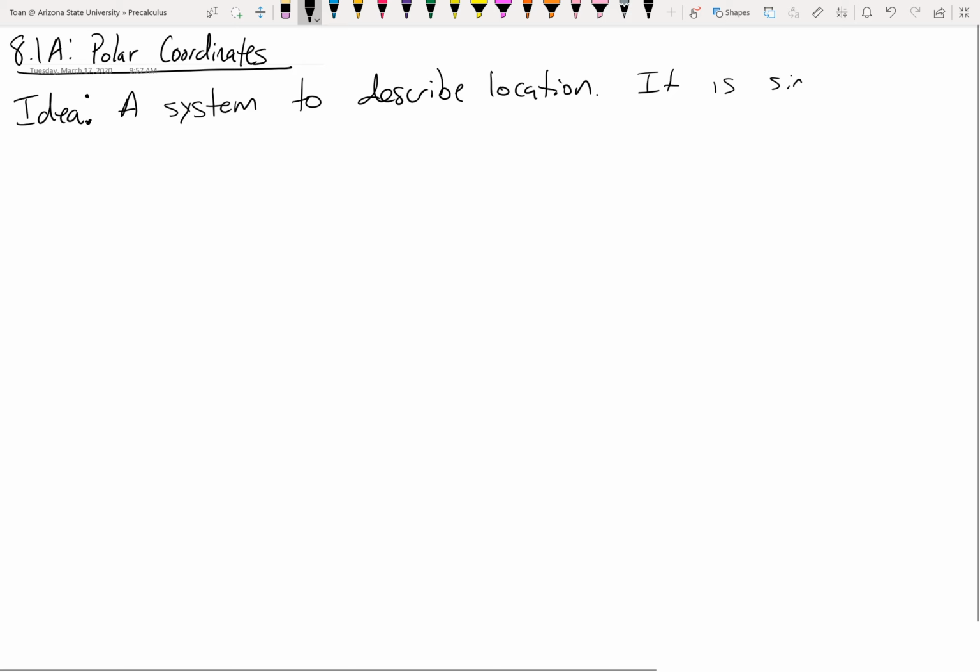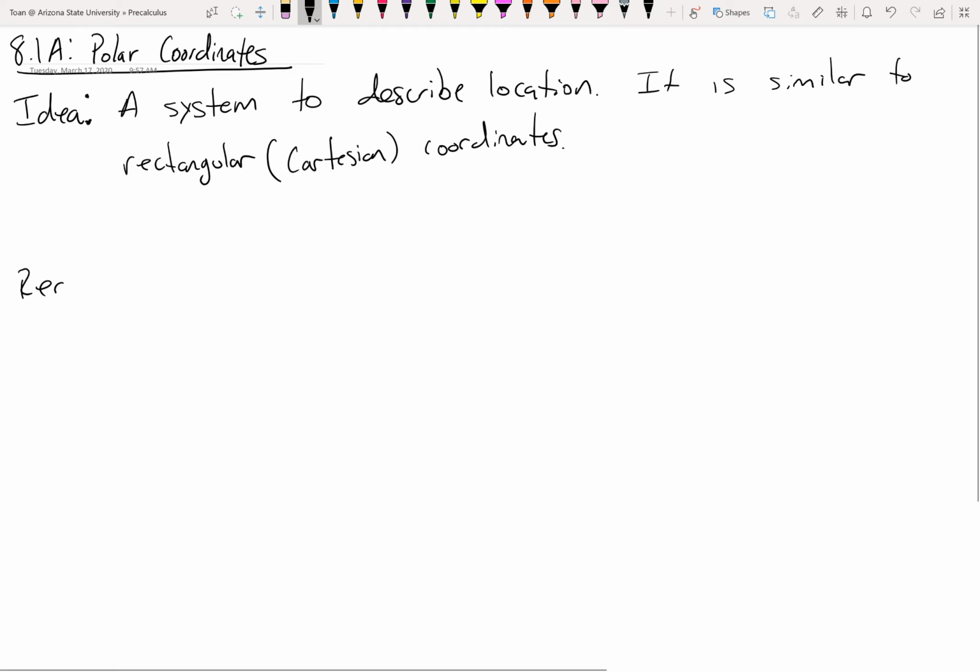It is similar to rectangular coordinates. Rectangular coordinates, you also probably know them as Cartesian coordinates. For instance, this right here is your typical Cartesian or coordinate plane.